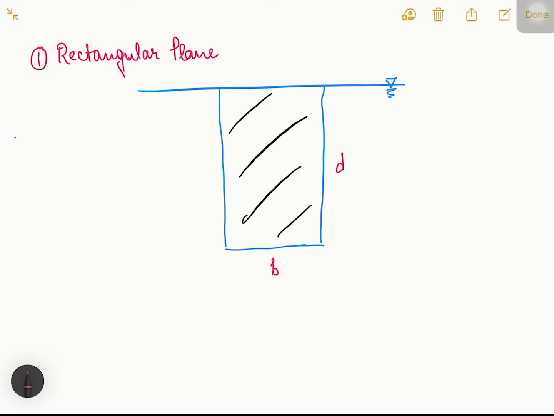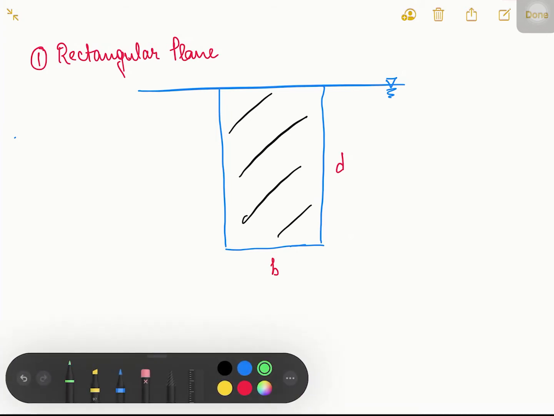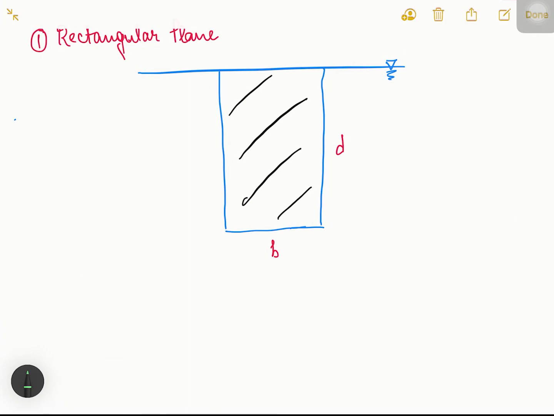Mind that all of these planes are vertical, and in case there is an inclination, we can account for theta and use the original formula, putting in the values directly there. So next we need to find the different values. Here area is b into d, quite simple.